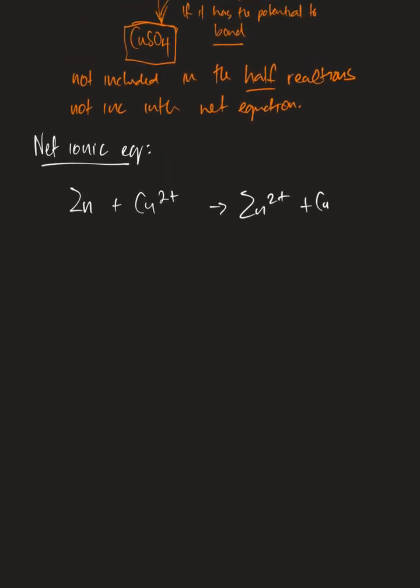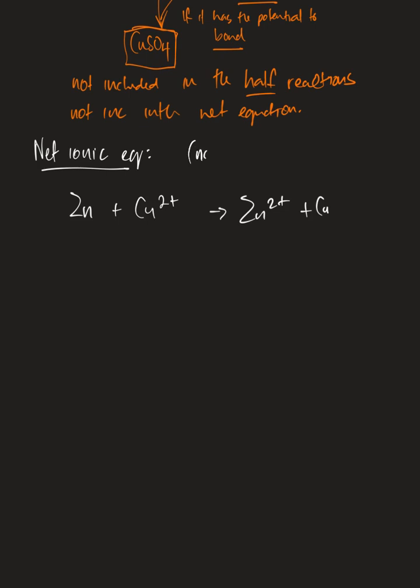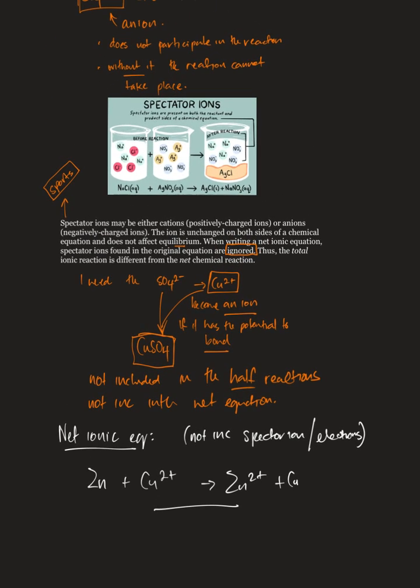So when I put 2 half reactions together, it does not include the spectator ion, and it doesn't include the electrons. But we're going to get into this. Alright, so this would be what we call a net ionic reaction. And if you watch the next video, we're going to look at how do we know whether a reaction is redox if we don't know what the half reactions are. Right, so that will be the next video.